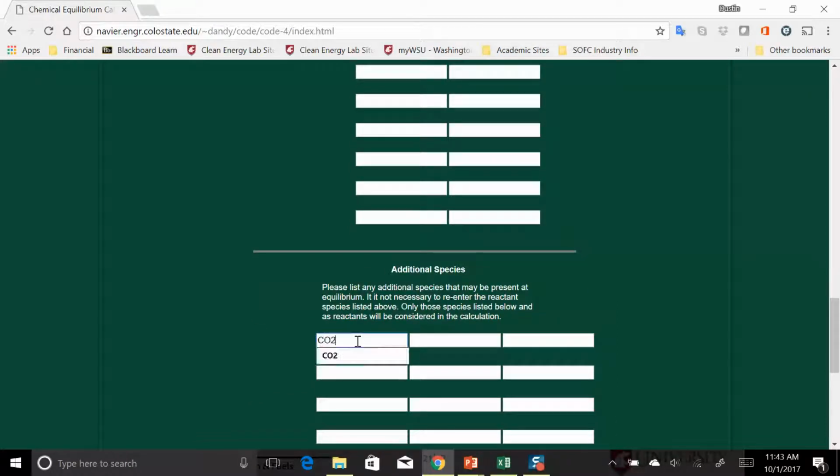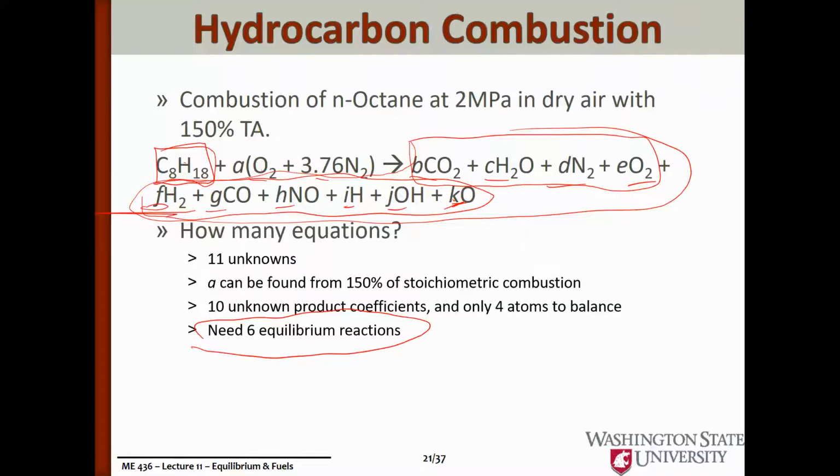So I'm definitely going to have CO2, definitely going to have some water, some carbon monoxide, some nitrous oxide, some hydroxyl, hydrogen, individual oxygen, and I think I'm missing one.